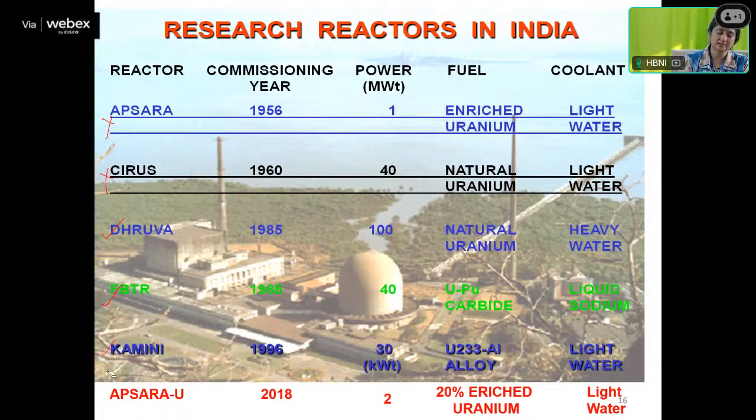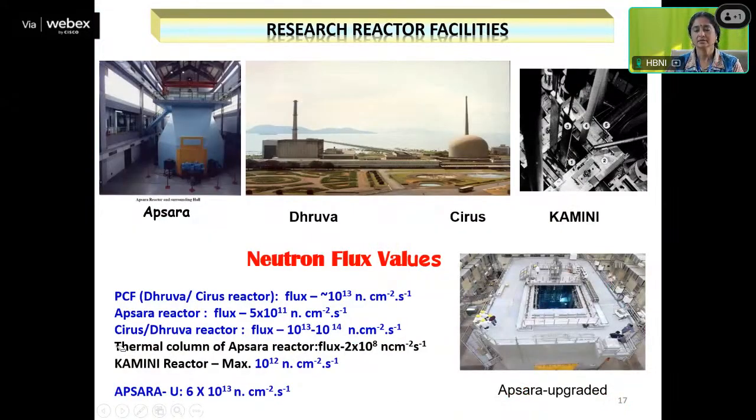The new Apsara has come, in which the samples are now being irradiated. For the research reactor facility, some pictorial has been given here, and normally for the Dhruva reactor or Cirus reactor previously, there is a pneumatic carrier facility through which the sample is transported into the reactor for irradiation.